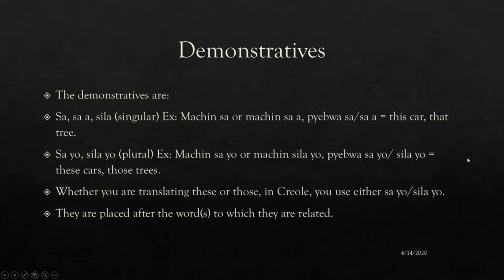I did it on purpose. I have these and I have those. So it's still sayo or silayo, whether you are translating these or those in Creole. They are placed after the word to which they are related.